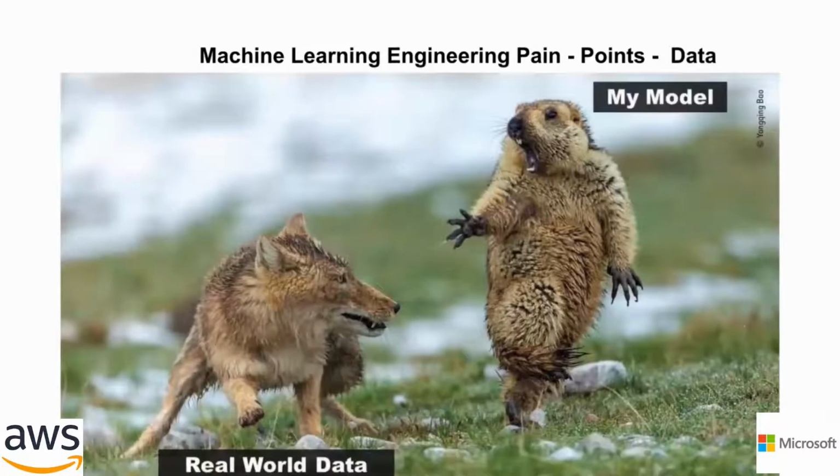The other point is actually data. Real world data is super dangerous for some of the models, because most of the time the models are created with a subset of the data, and that might not be representative. Real world data might have a lot of issues if you don't properly prepare or sanitize it.